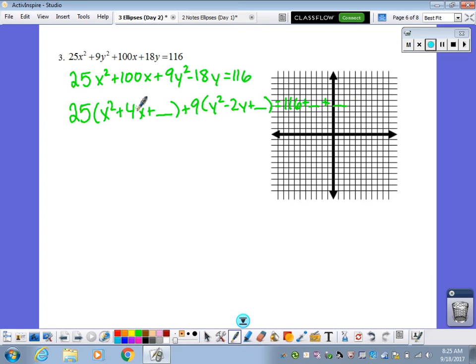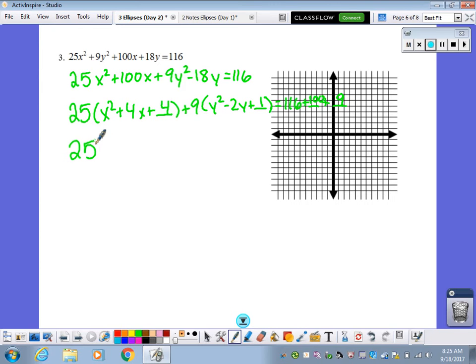Okay, so split in half, square it. That's going to give us 4 here. Split in half, square it. That's going to give us 1. 25 times 4 is 100. 9 times 1 is 9. Square root, take the sign.